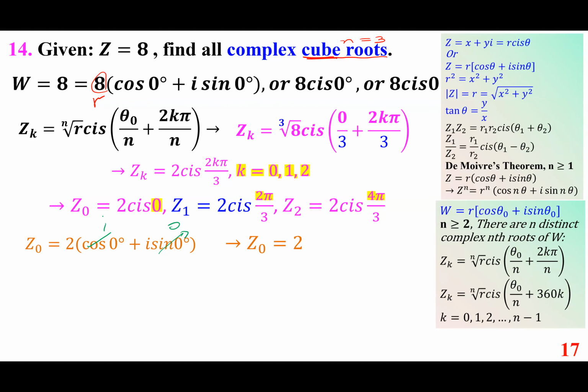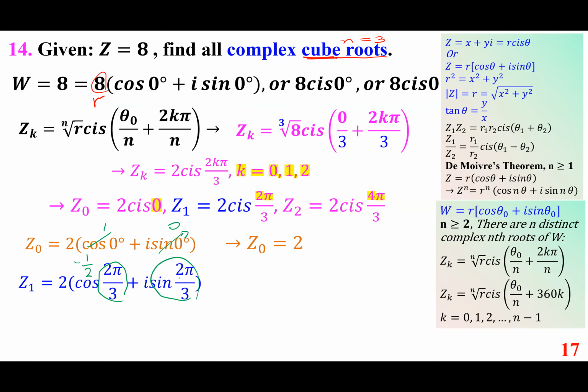Now, for the second part, z sub 1, cosine of 2 pi over 3 or sine of 2 pi over 3, the reference arc is pi over 3. And cosine of pi over 3 is 1/2. But 2 pi over 3 puts it in the second quadrant and it makes it negative.